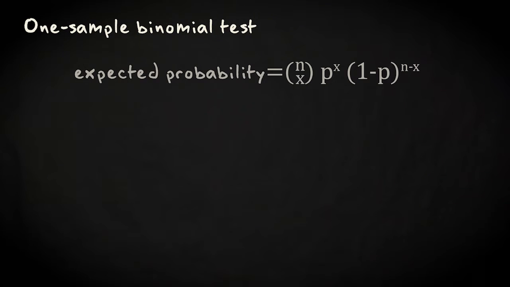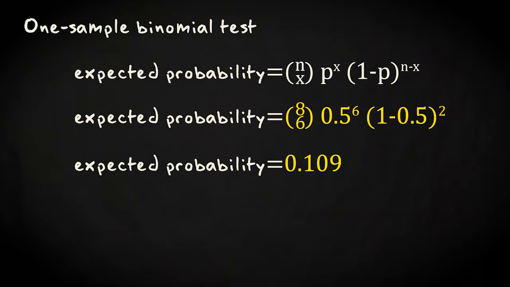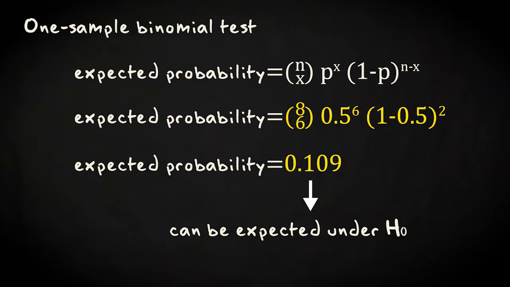It gives the probability that you would encounter x successes, or more, in n trials, if the true probability were p. In this experiment, you got 6 successes, in 8 trials, while the probability under the null hypothesis is 0.5. If we calculate this probability, it turns out to be 0.109. So in more than 10% of the cases, you would encounter this result under the null hypothesis.